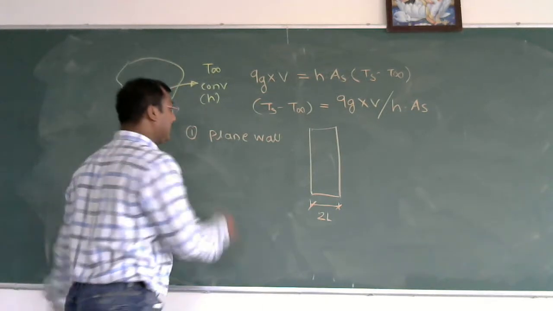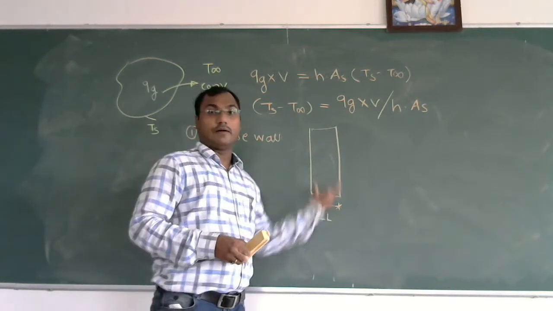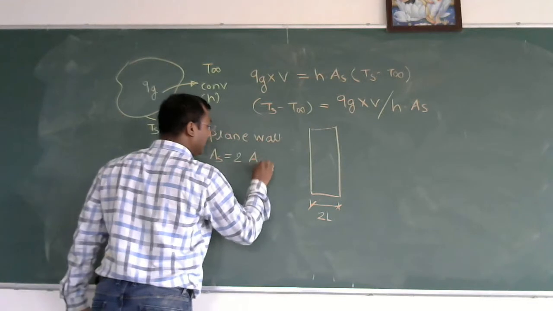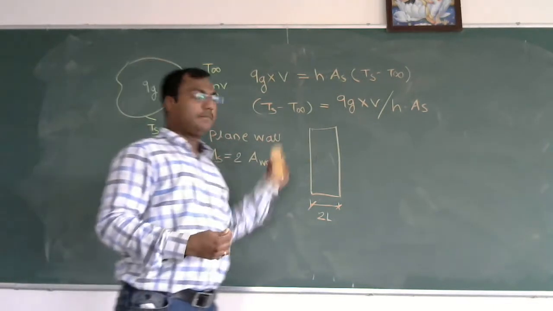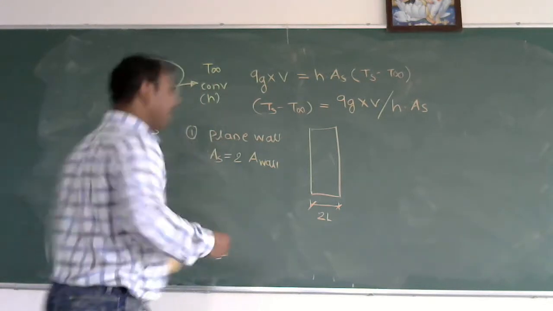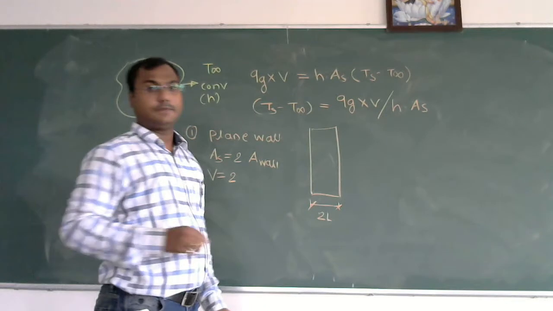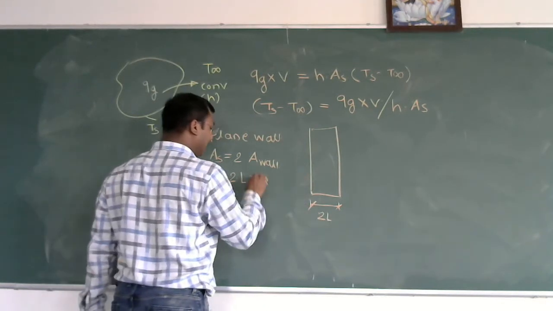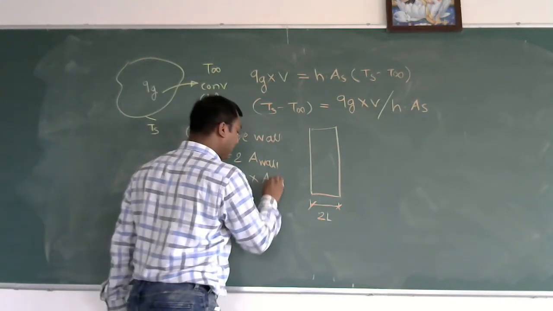In this case, the surface area of the plane wall is 2 times the area of wall, because it is in contact with the medium from both sides. Then the volume of the wall will be 2L multiplied by the area of the wall.